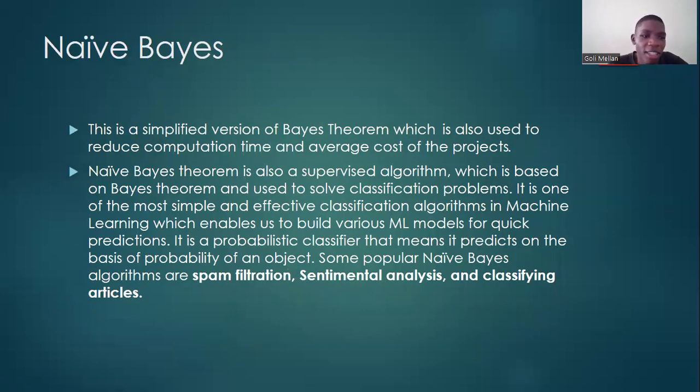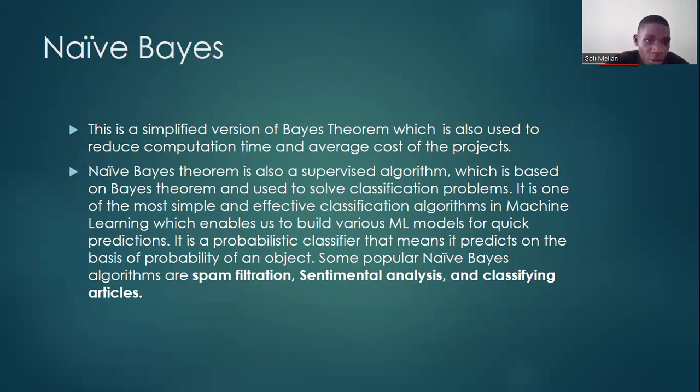Since we know about the Bayesian theorem, a simplified version of it is naive Bayes. The reason being, naive Bayes reduces the number of computations done in the Bayesian theorem.